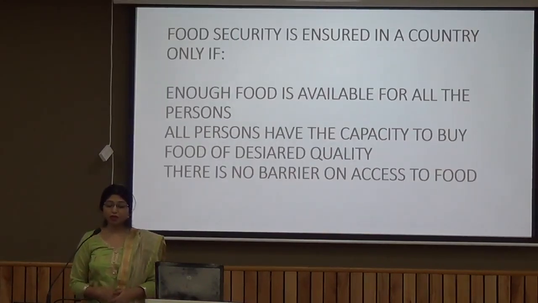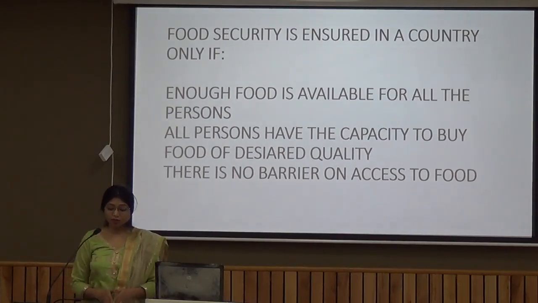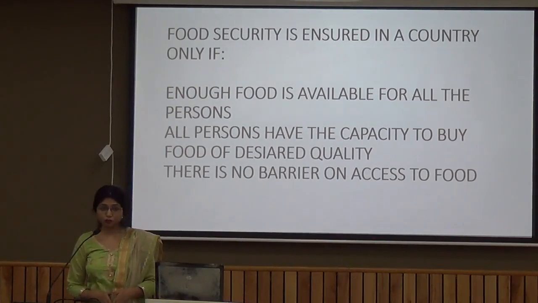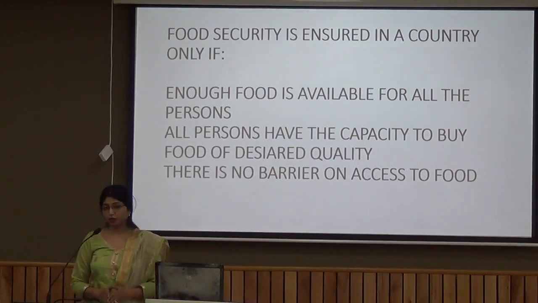Now, food security is ensured in a country only if enough food is available for all the persons in the country, all persons have the capacity to buy food of desired quality, and there is no barrier on access to food. Food is important for us to survive, but along with this it is also very important that food is available in the country.